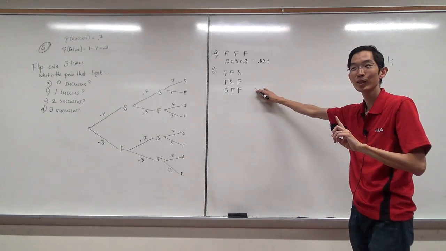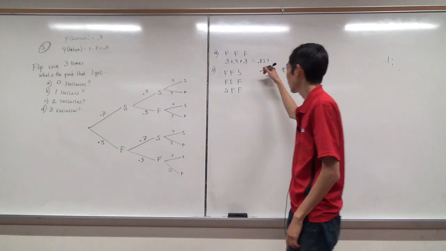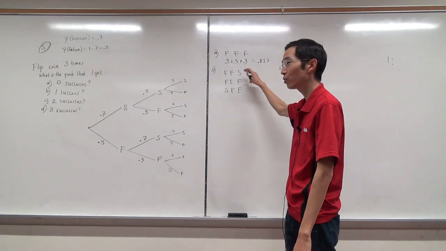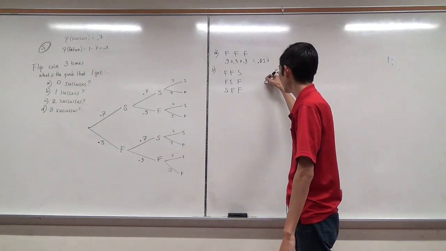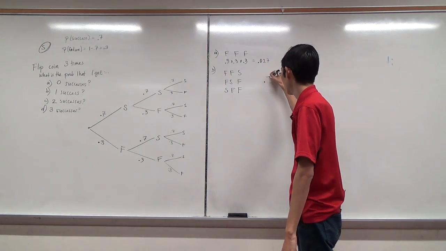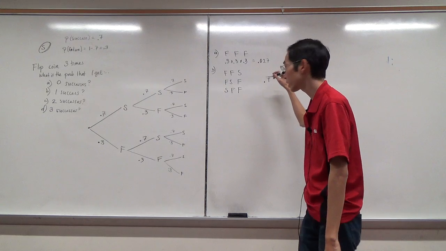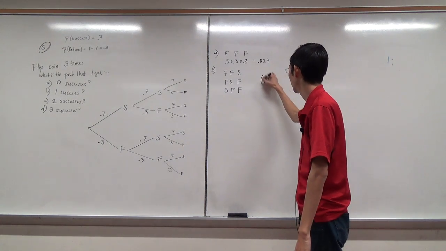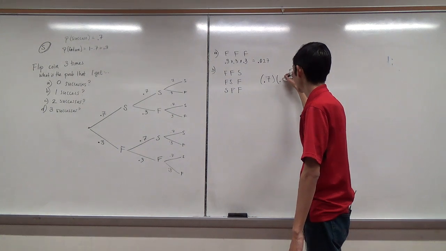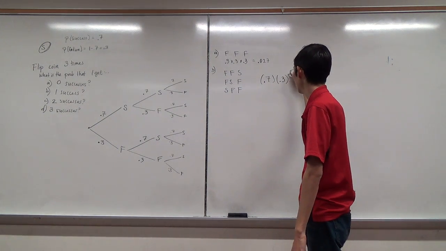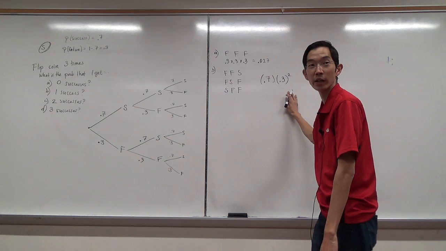Are we in agreement there? Each of these has 2 failures and 1 success. So the probability of success is 0.7, that's going to happen 1 time, and I have to get failure twice, so that would be 0.3 times 0.3, squared.